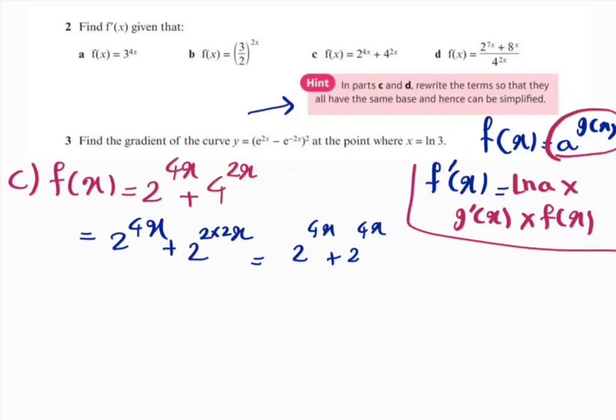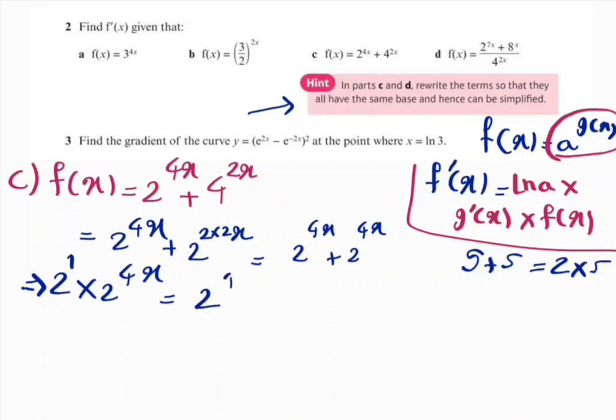And of course now we can write this as 2 times 2 to the 4x. For example, when we have 5 plus 5, this is equal to 2 times 5. So here is exactly the same thing. 2 to the 4x plus 2 to the 4x is equal to 2 times 2 to the 4x, and using the laws of indices, this can be written as 2 to the power of 4x plus 1.